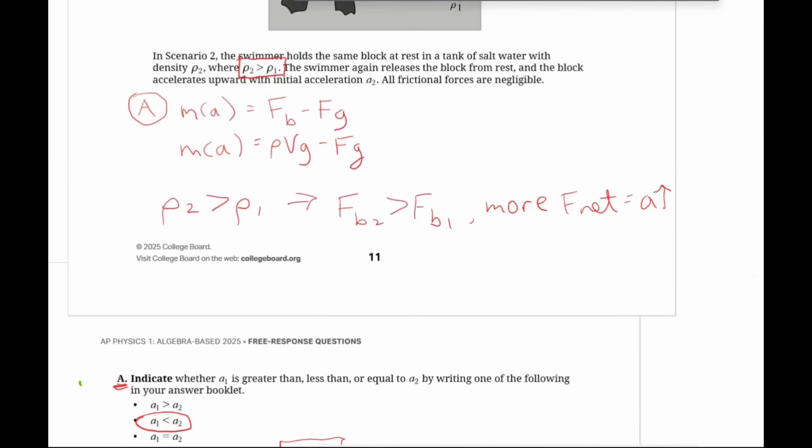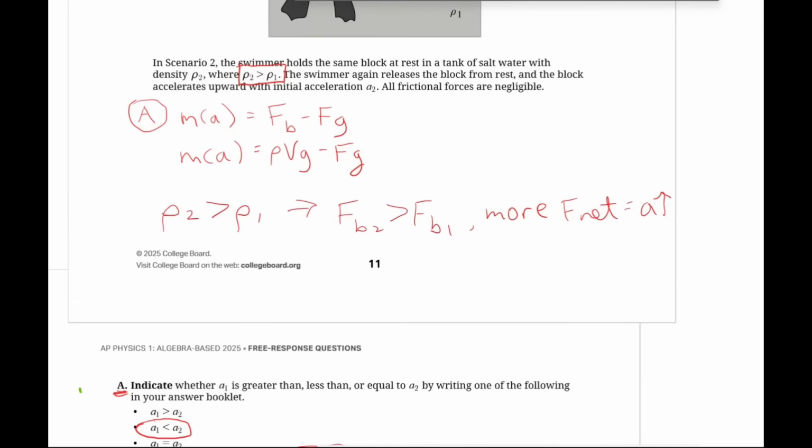All right, so again, my answer is a little bit abbreviated, but we have the net force, which is M times A, equal to the buoyant force upwards minus the FG downwards. So MA equals rho Vg minus FG.